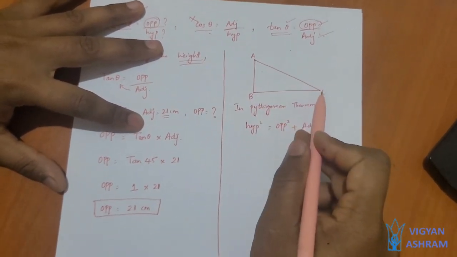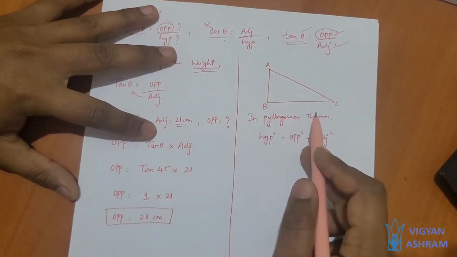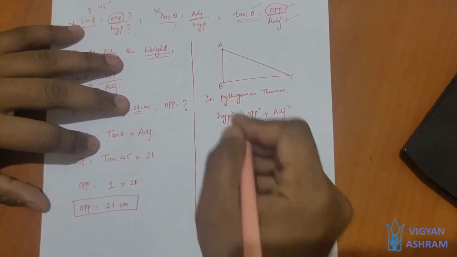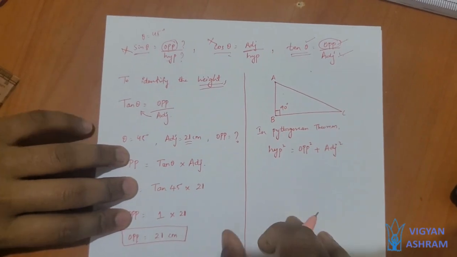The square of hypotenuse is equal to the sum of the square of opposite and adjacent in a right angle triangle. Okay, this is a right angle triangle. This will be 90 degree.